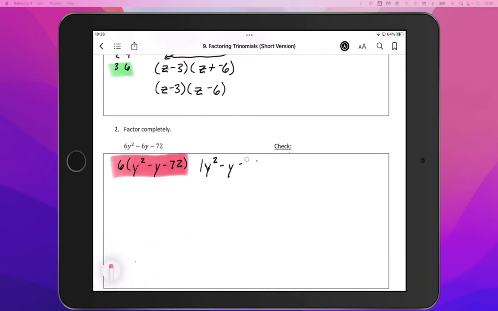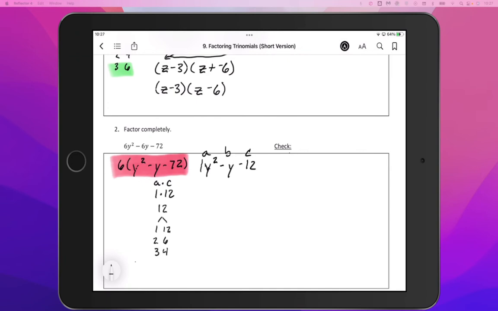Okay, that's a 12. So we need to multiply 1 times 12, which again is a times c. This is a, this is b, this is c. And 1 times 12 is 12. So factors of 12, I've got 1 and 12, 2 and 6, and 3 and 4.